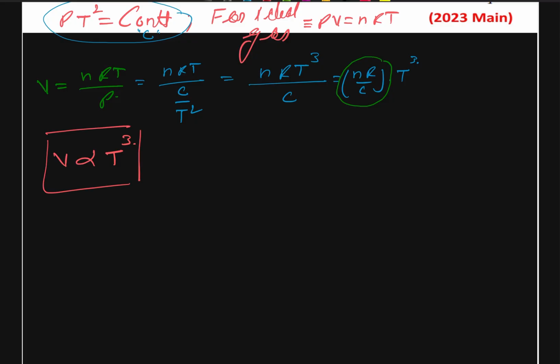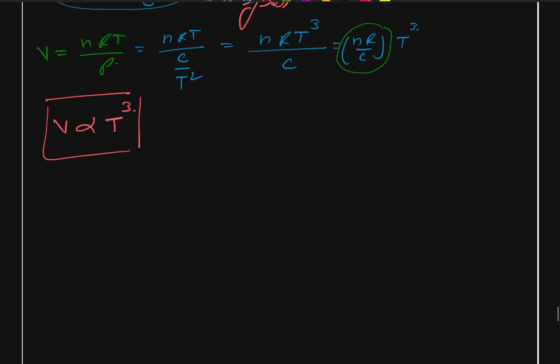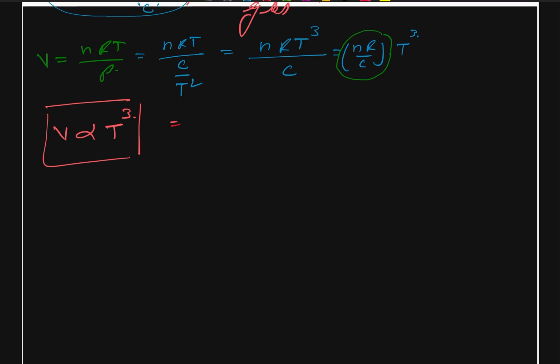Now we differentiate our equation, differentiating such that our pressure is constant. So we can say the partial derivative of volume with respect to temperature, for P constant, we can get as nR upon C, and this will be coming as 3T square.